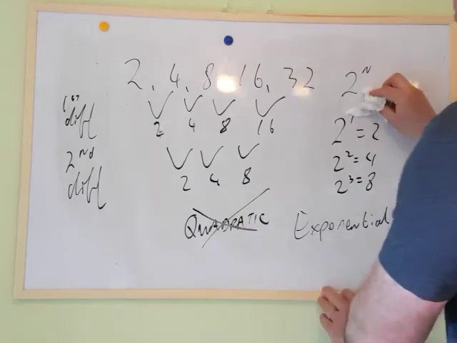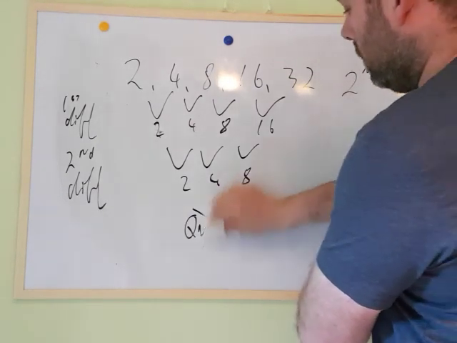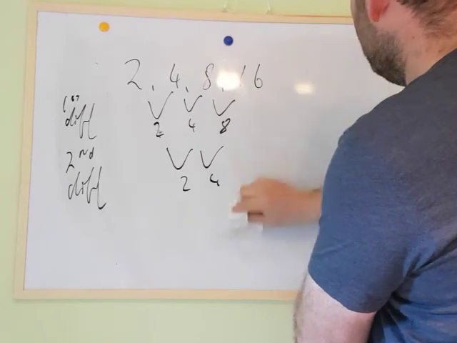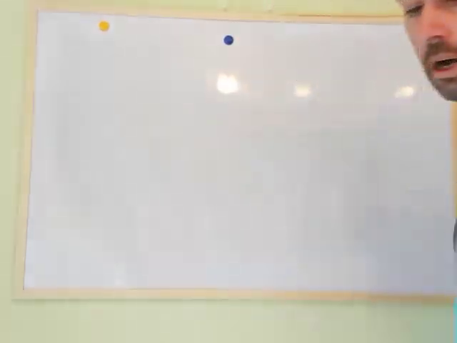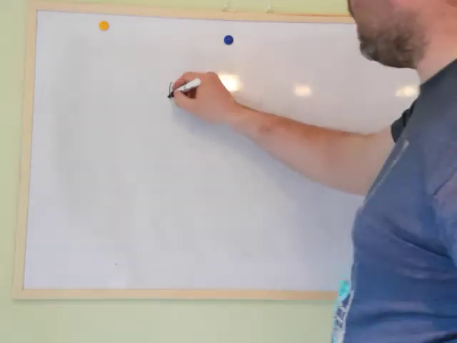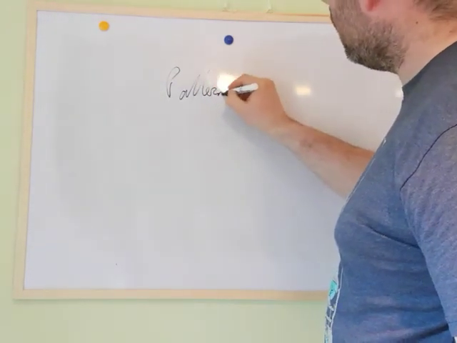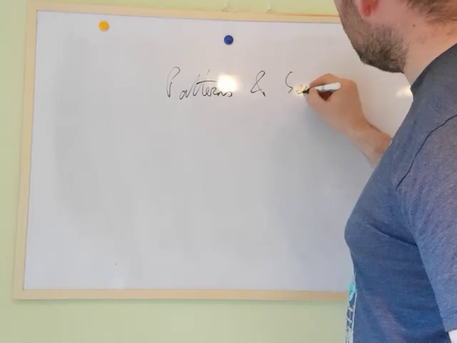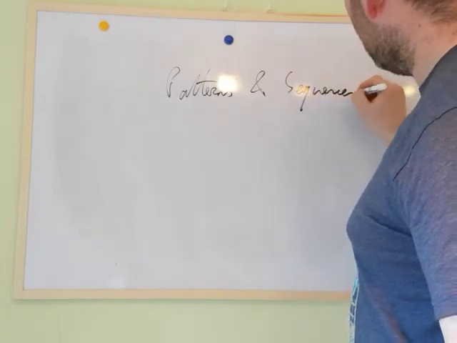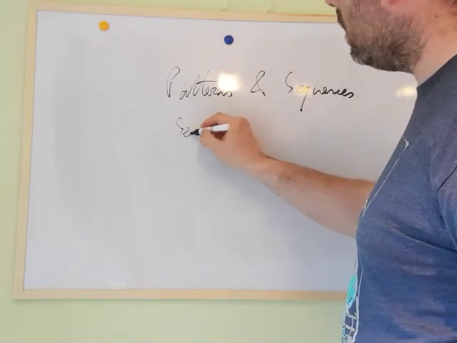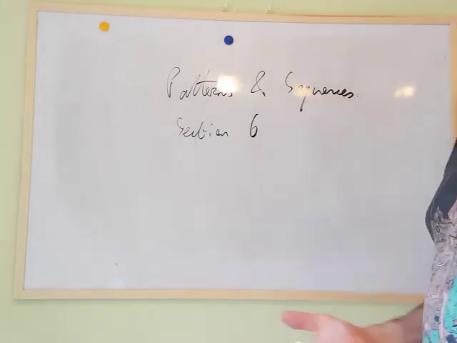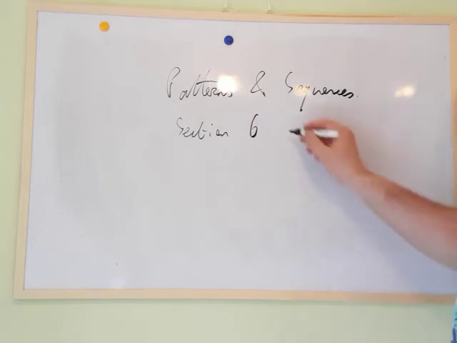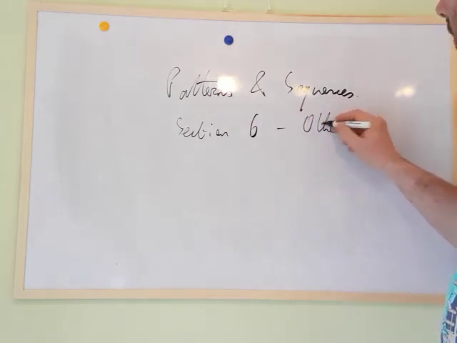As you know, my book is a different edition, so it's a different page number, but the chapters are all still the same. So we are at patterns and sequences, and in my book it's section 6. I think it's section 6 in yours, not sure, but it's called other sequences.